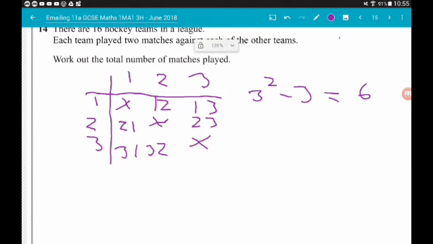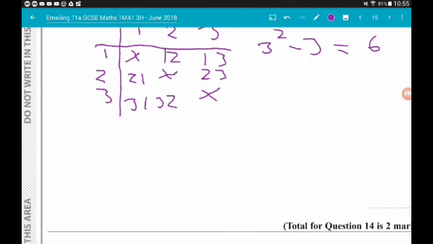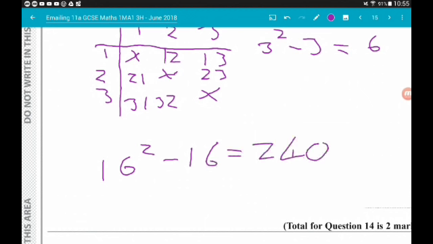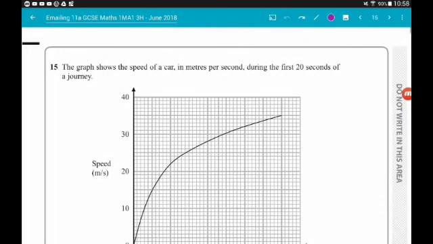So if we were to extend this table for all 16 teams, we would have 16 squared minus 16, which gives us 240. Cool. Question 15. The graph shows the speed of a car in metres per second of a journey over the first 20 seconds.